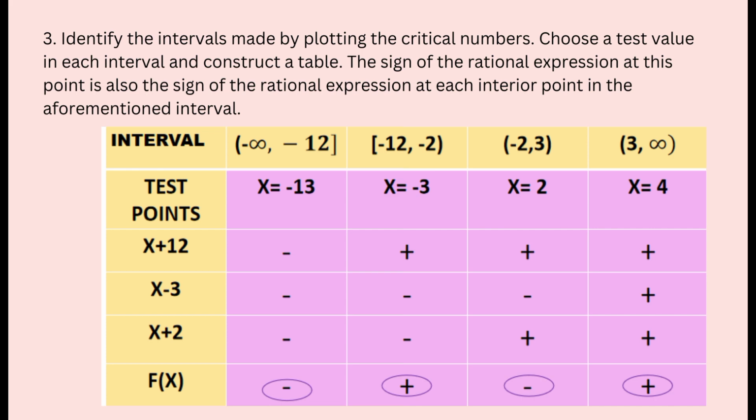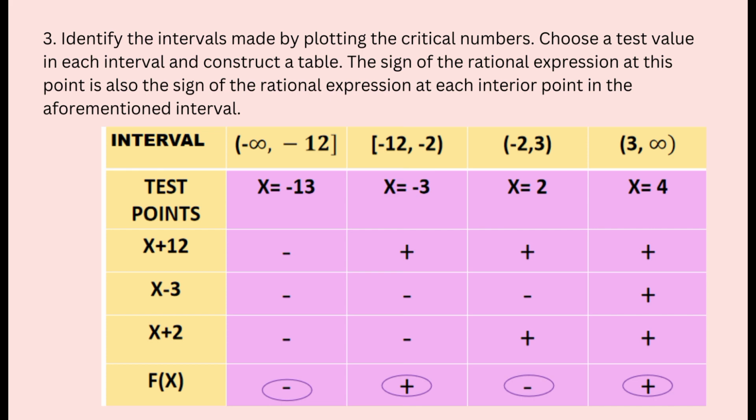In our number line, we can say that we're going to have 4 intervals. The intervals are open to -infinity and close to -12. Next is close to -12 and open to -2. Next, open to -2 and open to 3.